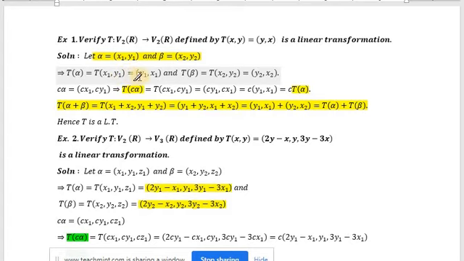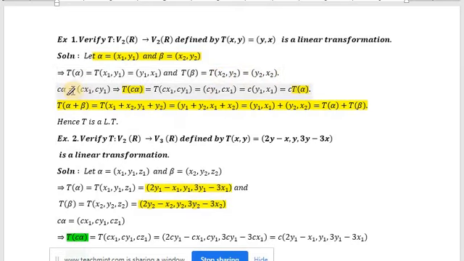That is equal to (y1, x1), because T of (x,y) is defined as (y, x). So T of (x1, y1) is (y1, x1). Similarly, T of beta is equal to T of (x2, y2), which is nothing but (y2, x2), because the transformation T of (x,y) is (y, x). Therefore, T of (x2, y2) is (y2, x2).